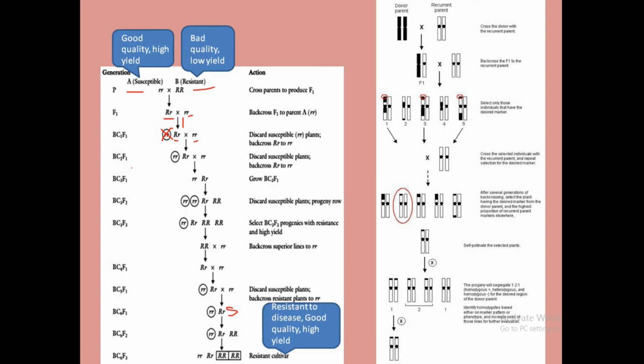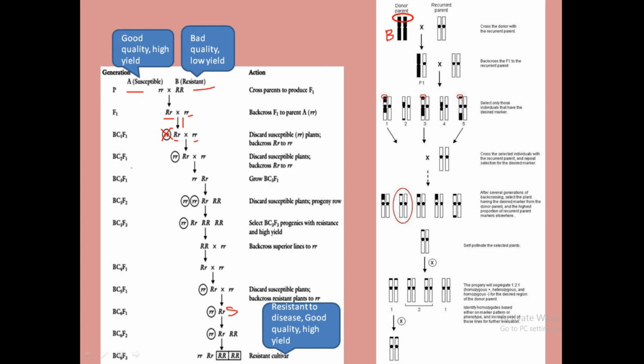So I can again explain it in this diagram also. Let's see in this diagram. Here the location of the resistant gene in the donor parent is here. Here is the location of the resistant gene, and this is the recurrent parent. So here it is variety A, and it is variety B. Let me write it.